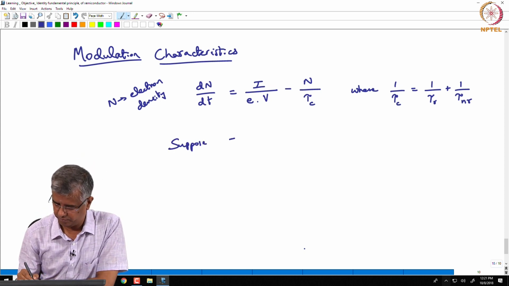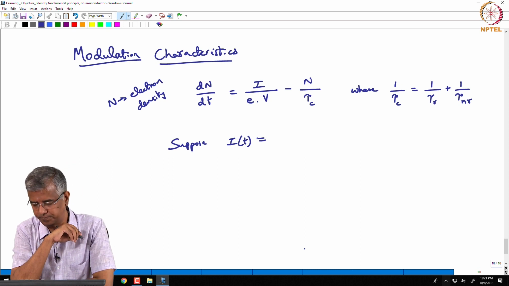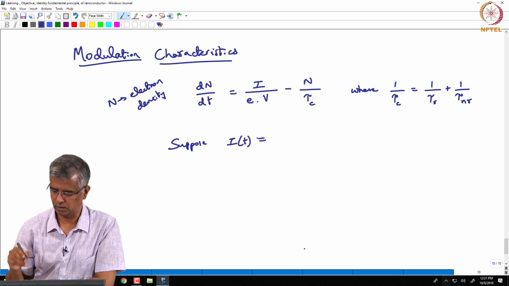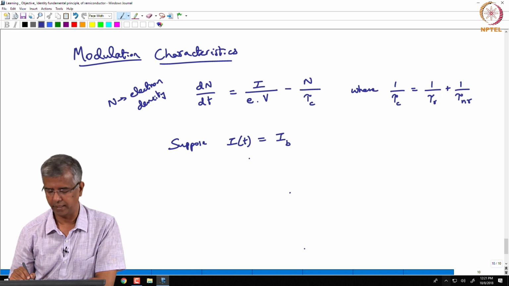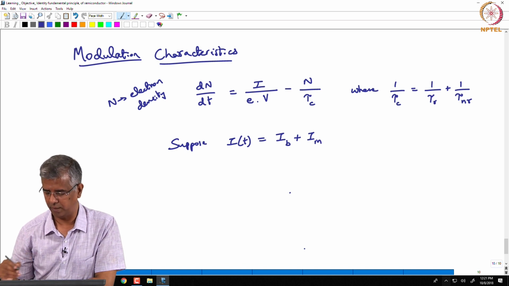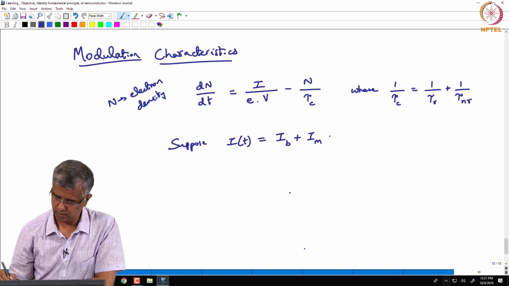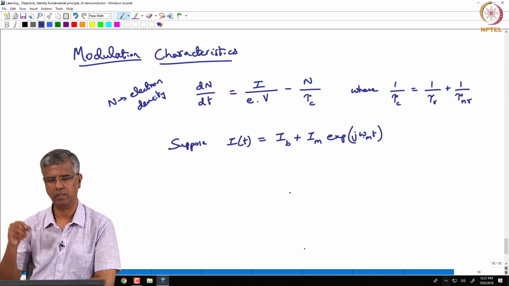Okay. So, suppose I drive the LED with some sinusoidal current. So, let us say I have a bias current IB plus, let us say the modulated current amplitude is IM, and exponential of j omega m t corresponds to the modulation.